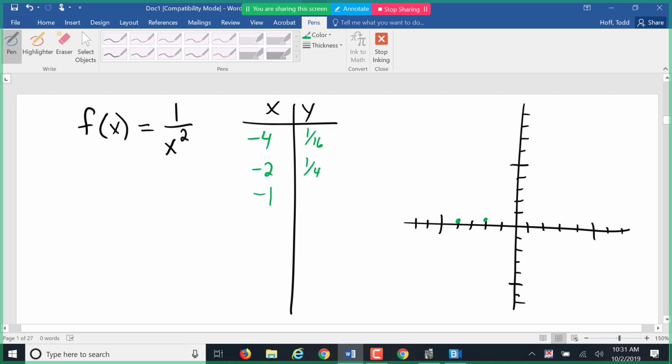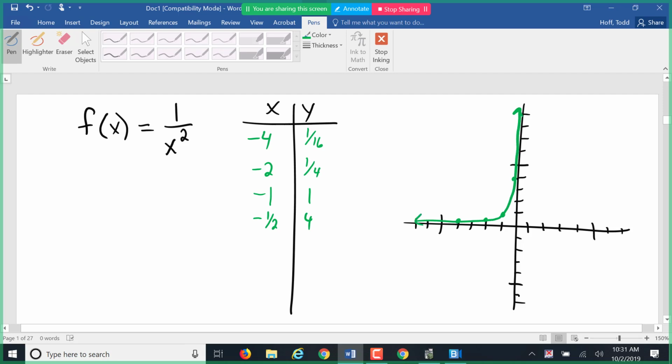So 1 over -1 squared is 1. If I keep going with that, -1/2, -1/2 squared is a positive 1/4. 1 over 1/4 is 4. I get a similar curve, a little bit tighter to the axes, going like that.